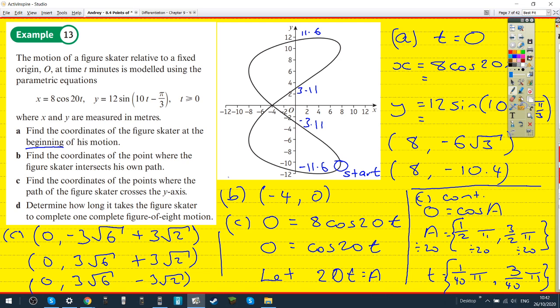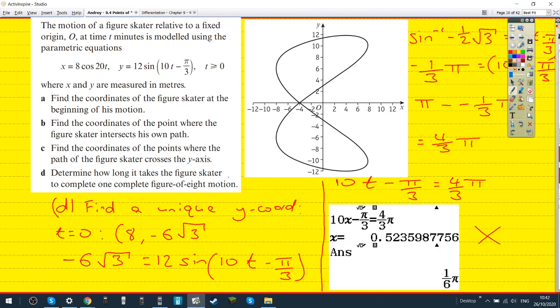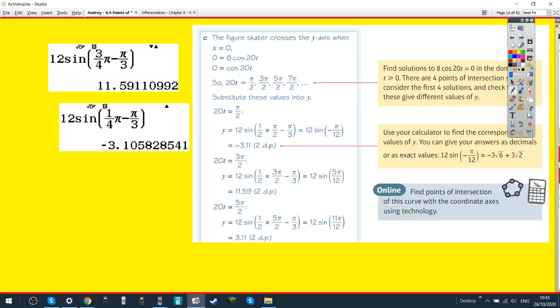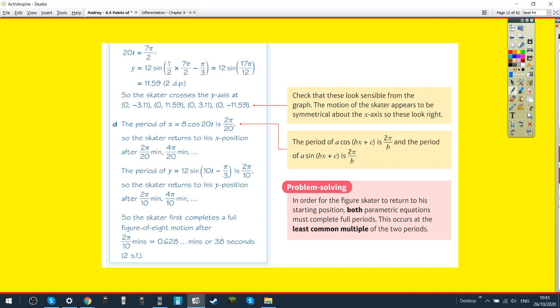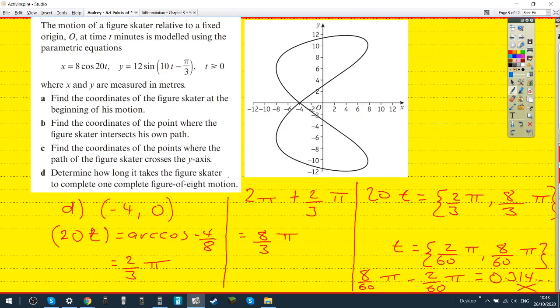Let's make sure first. So 3 root 6 plus 3 root 2 minus 3 root 6 plus 3 root 2. Oh, I don't know. 3.11, 11.6 minus 3.11. And minus, yep. Okay, D.